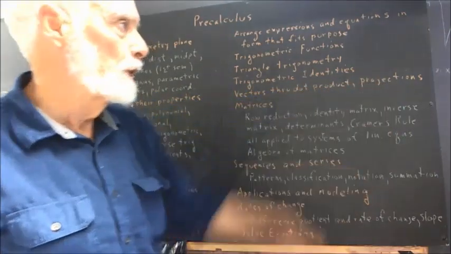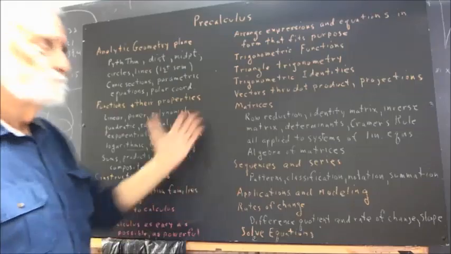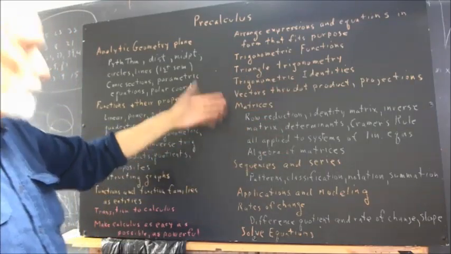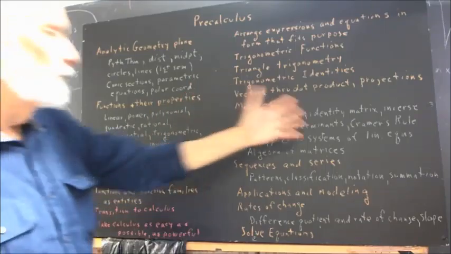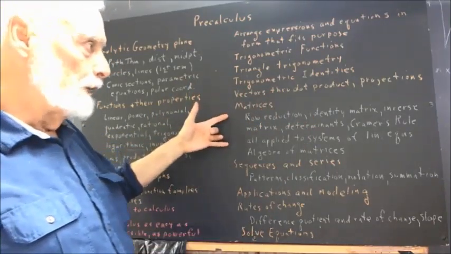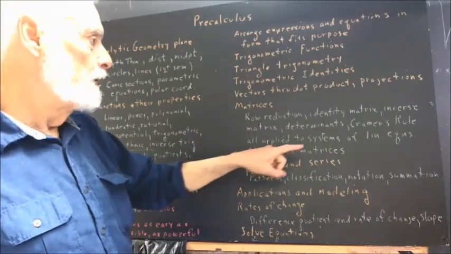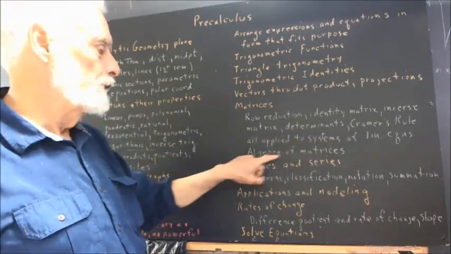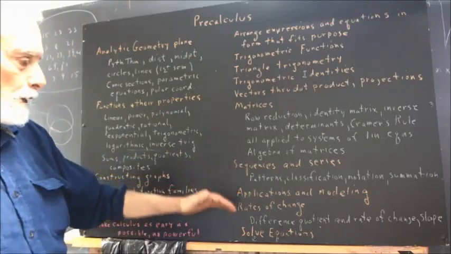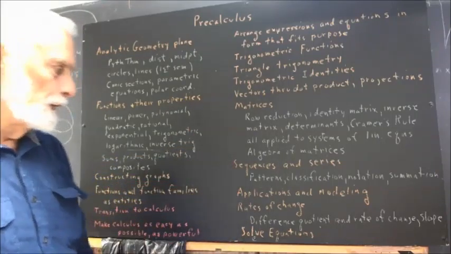Vectors through dot products and projections, extremely important. Matrices, we mentioned, and matrix algebra, the various things that we can do with matrices, mostly applied to systems of linear equations, but also to the algebra of matrices, and the other topics that I mentioned.